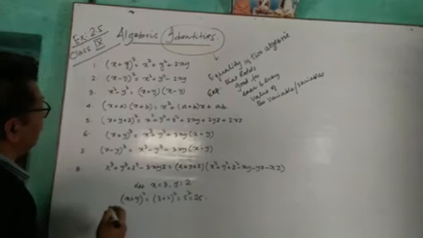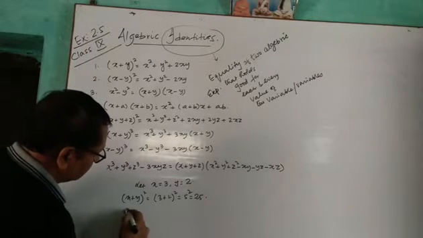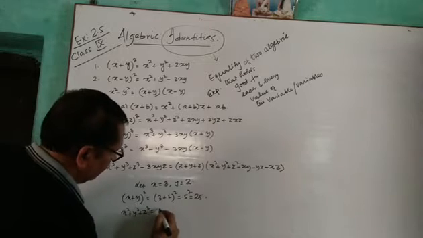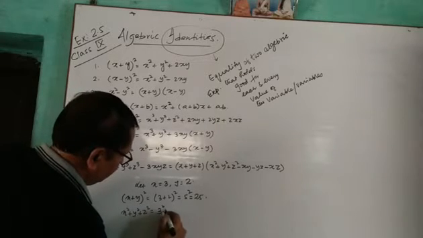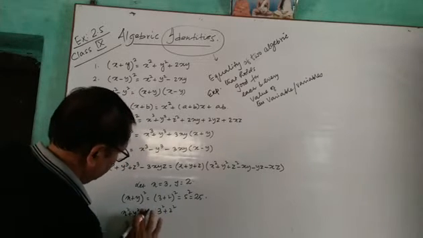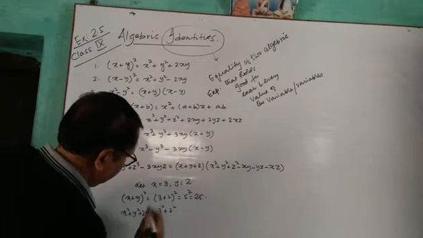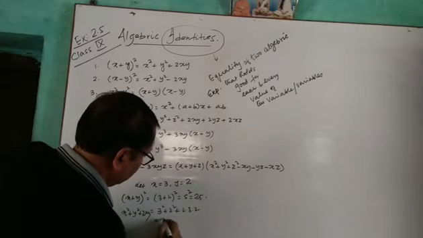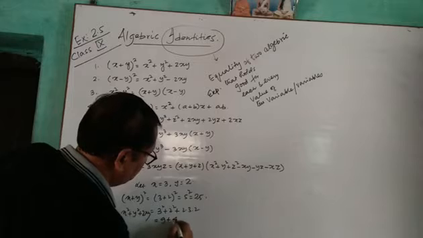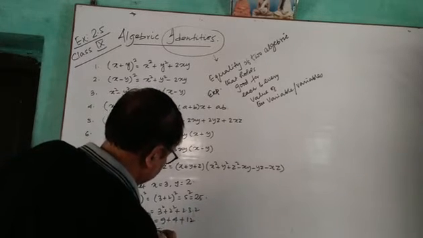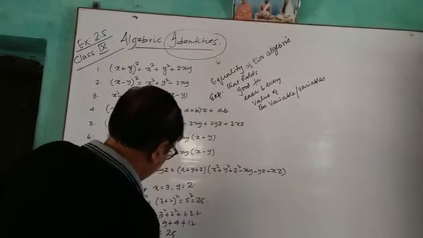On the other hand, if you do x square plus y square plus 2xy, it will be 3 square plus 2 square plus 2 into 3 into 2. You will get 9 plus 4 plus 12, and that will give us 25.